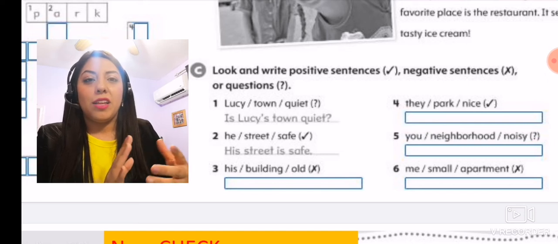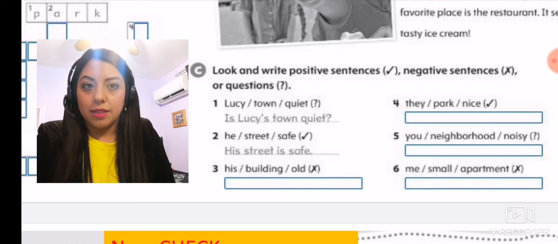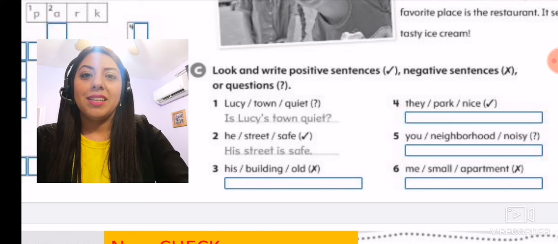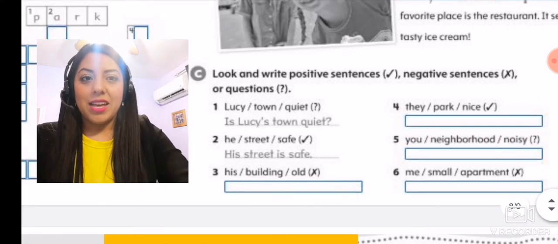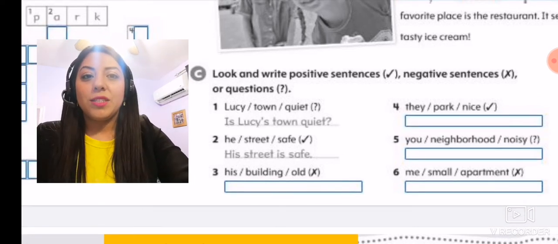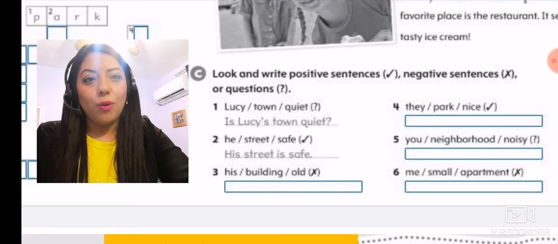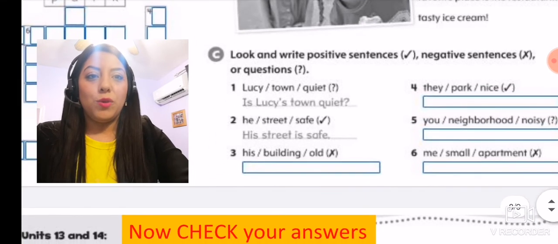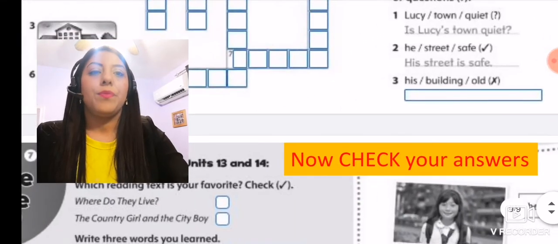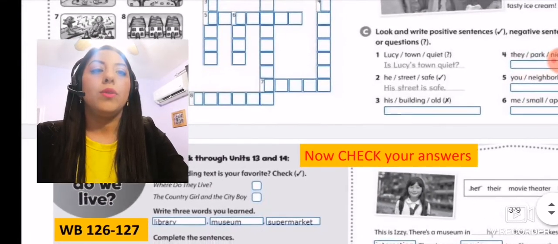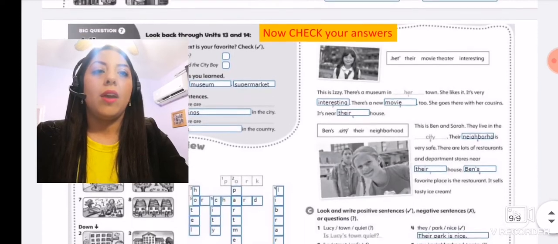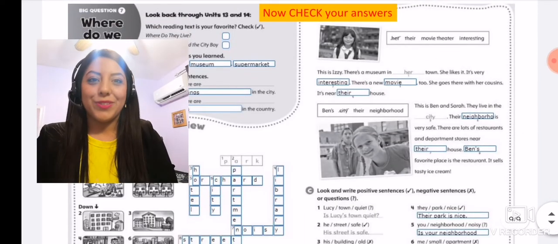Now, in the number 2, you have to write a sentence. His street is safe. Number 3, his building is old. Yes? When you finish this activity, you can go to this section and compare your answers.